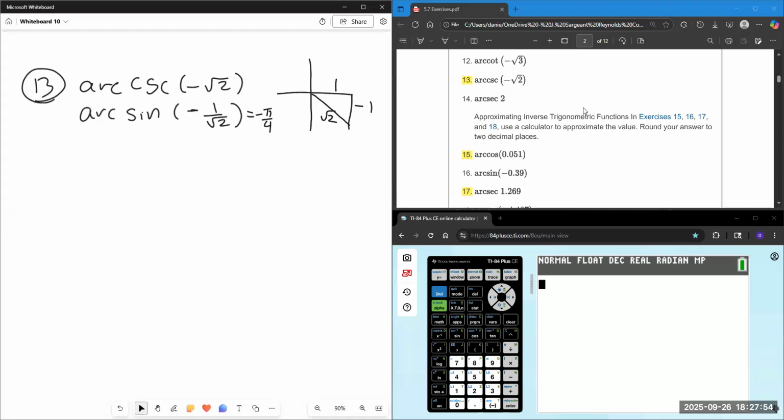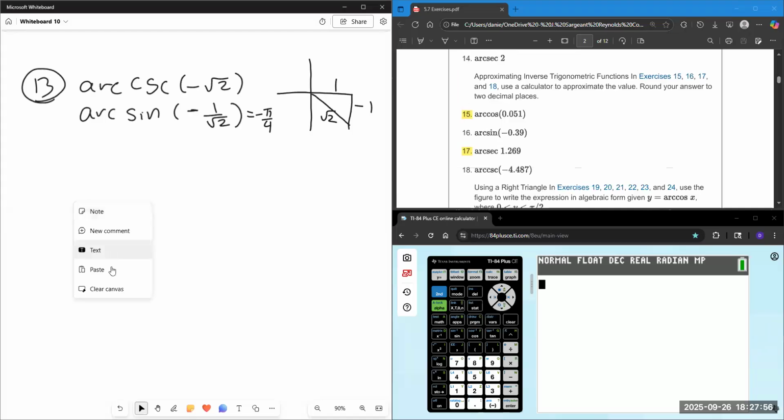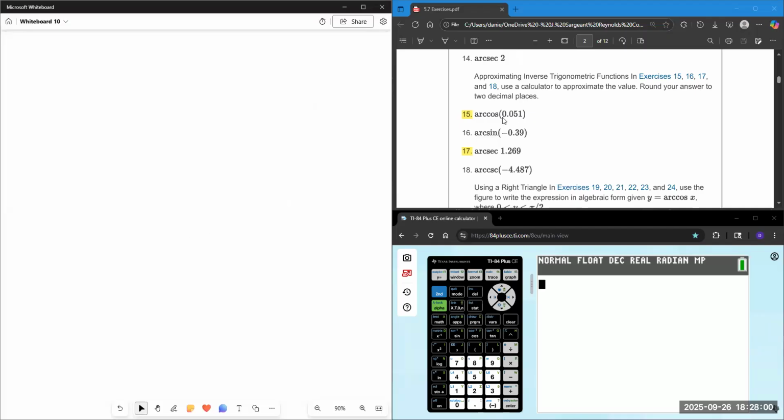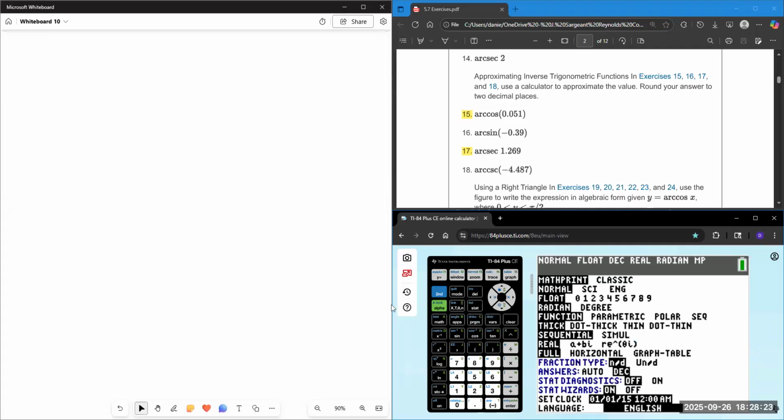Now, let's use our calculator for the next few here. There's only going to be one answer to these when I put them in my calculator. So second arccosine like that of 0.051, and make sure that you are in radian mode here.